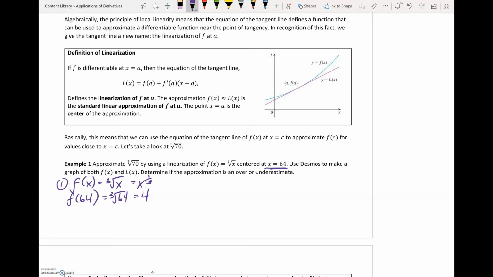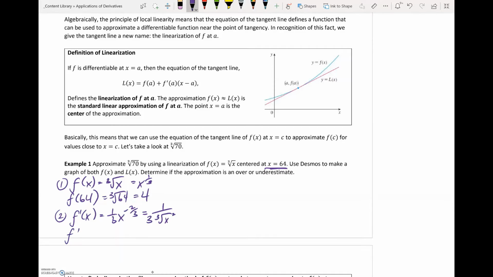Now we need to find f prime of a, so we need to find f prime of x first, which is 1/3 x to the power of -2/3. Then we want to evaluate this at x equals 64. I'm going to rewrite this first.